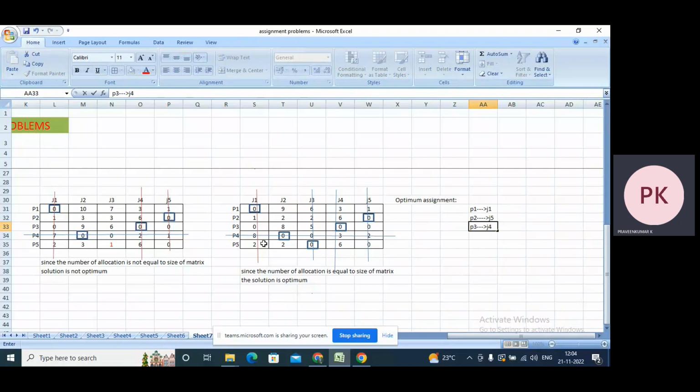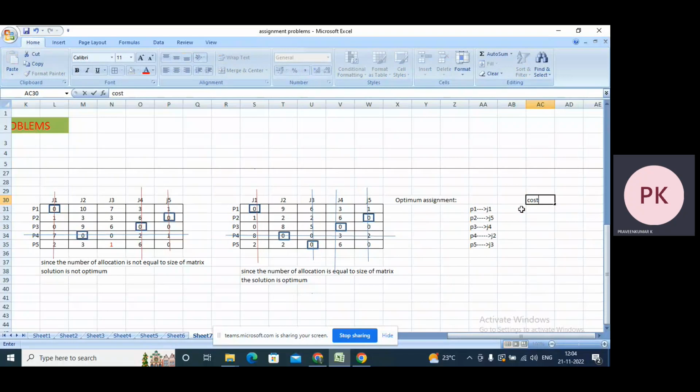Then go to P4 J2, then P5 J3. So this will be the optimum assignment, and look at the corresponding cost.